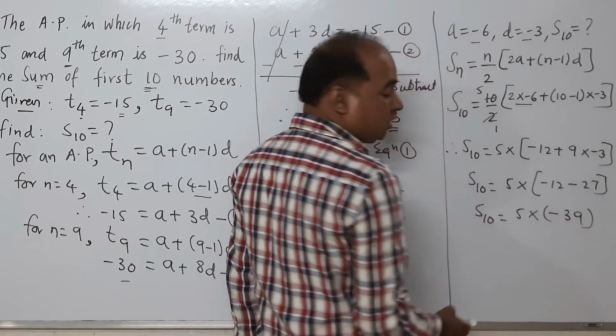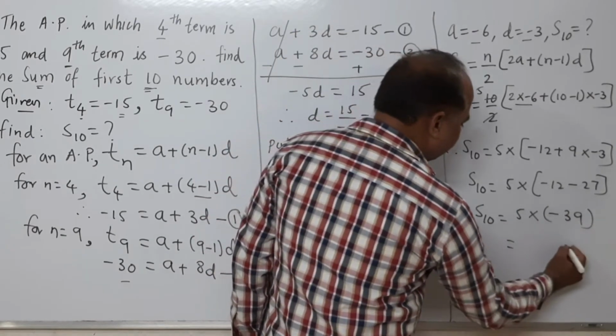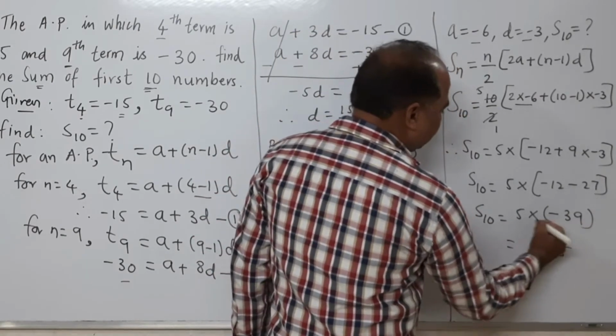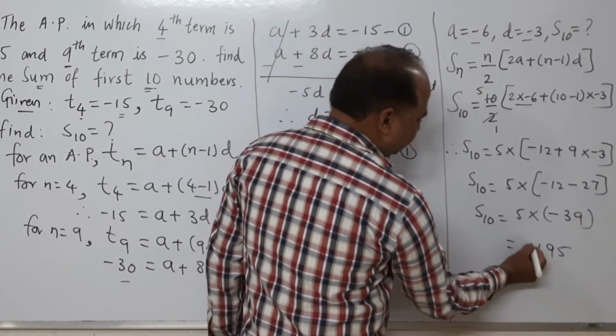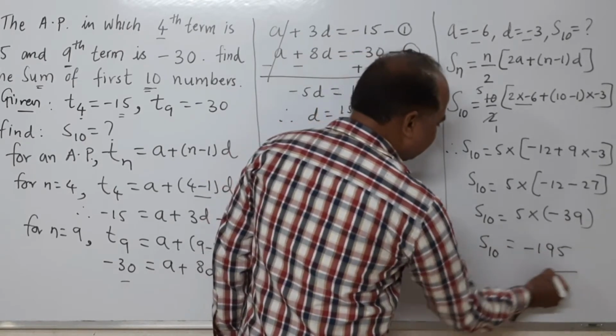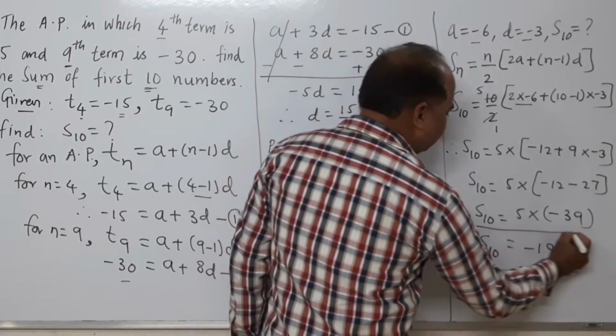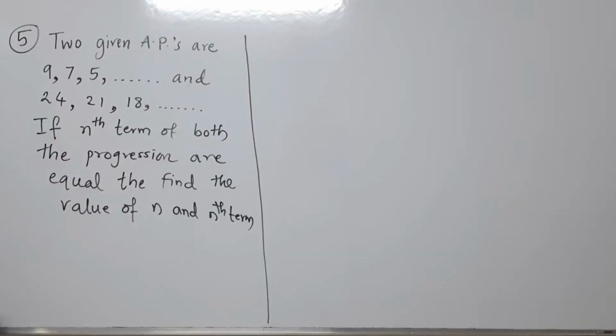So 5 into minus 39: 5 nines are 45, carry 4, 5 threes are 15, plus 4 is 19, so 195, and plus into minus is minus. So the sum of first 10 numbers is minus 195.